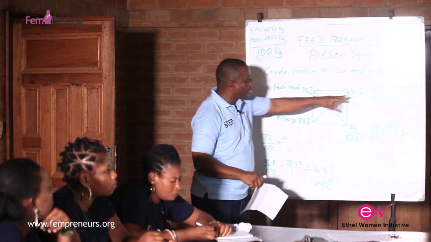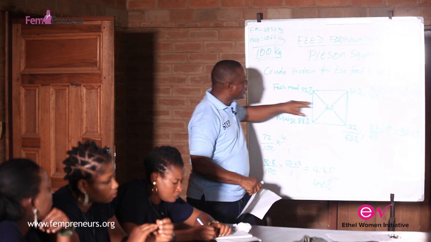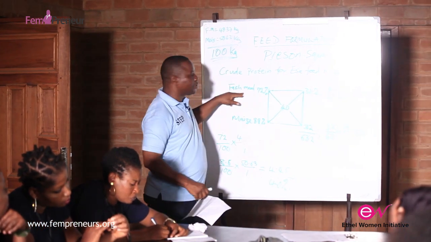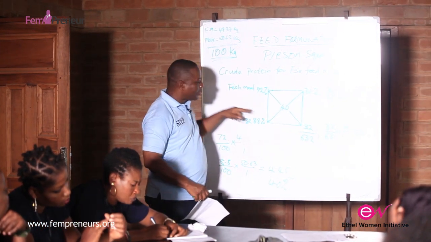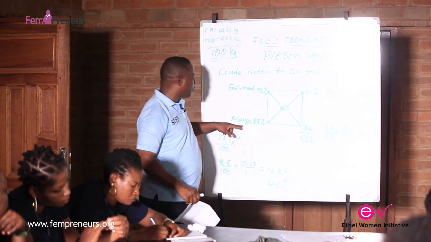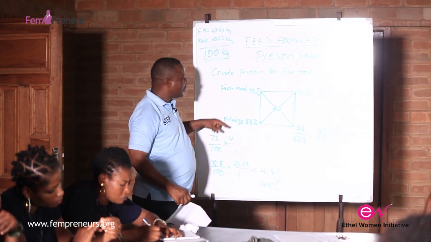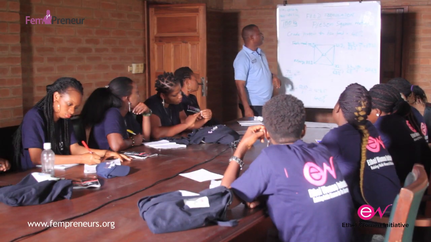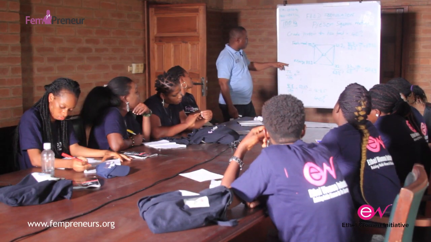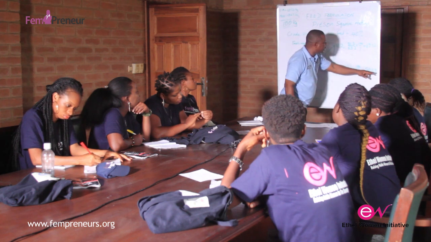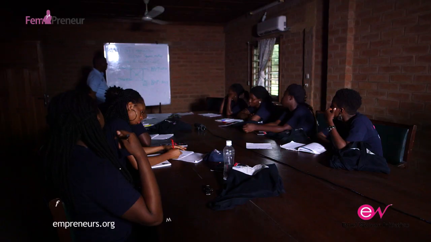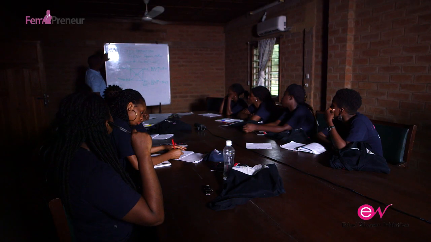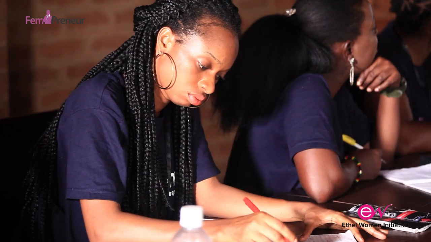After you have gotten that answer, whatever you get at this end is controlled by maize. So you are going to measure fish meal of 49.37 kg. You are going to measure maize of 50.63 kg. And if you add them together, you get your basis of what? 100 kg.